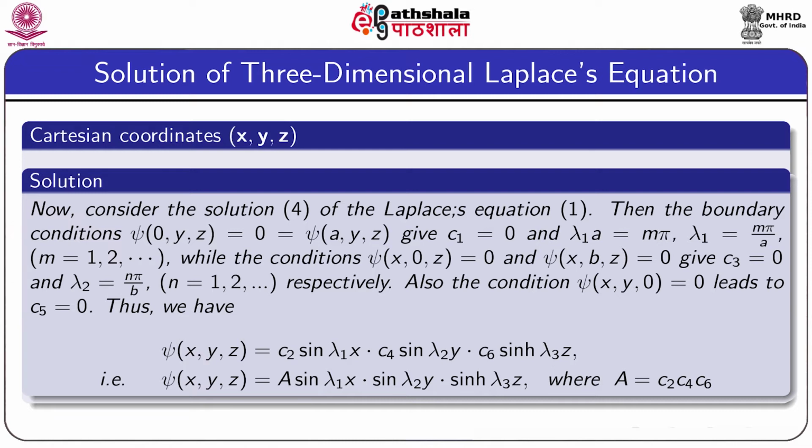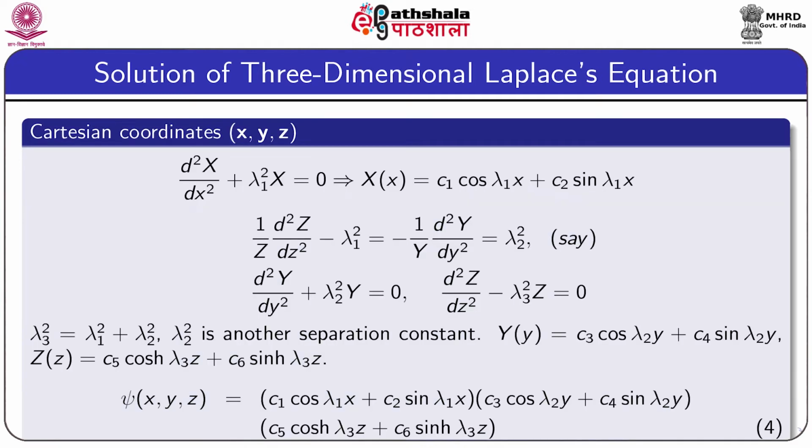Now, think about the third boundary condition, this one, psi at y equals 0 is 0. If we apply that condition here, we have to put y equal to 0. Then the second expression becomes C3.